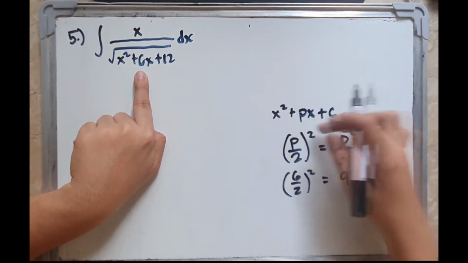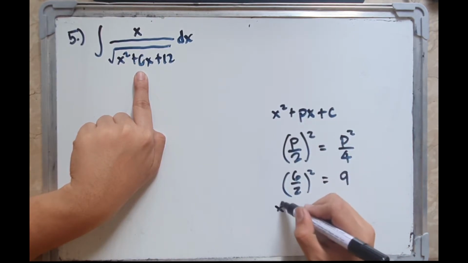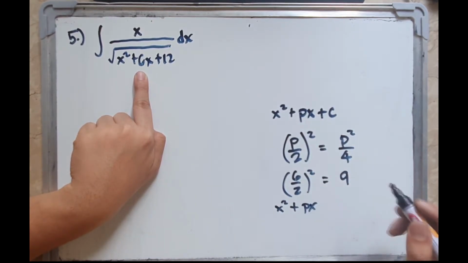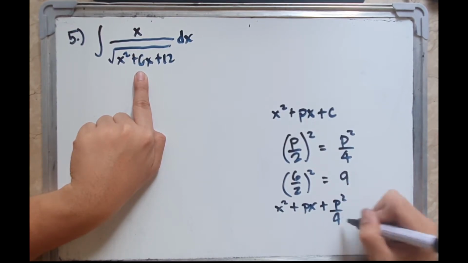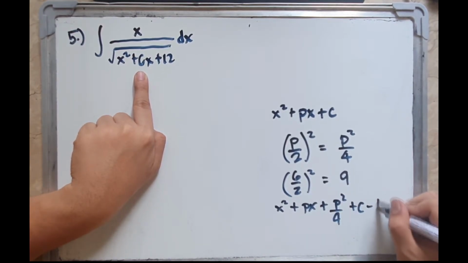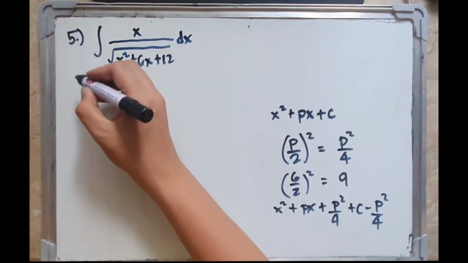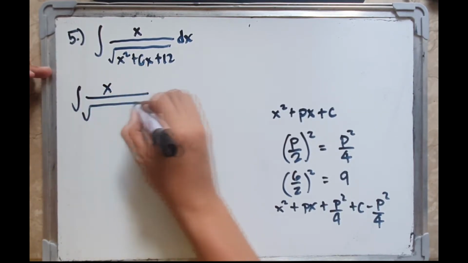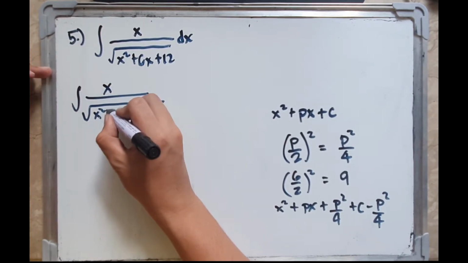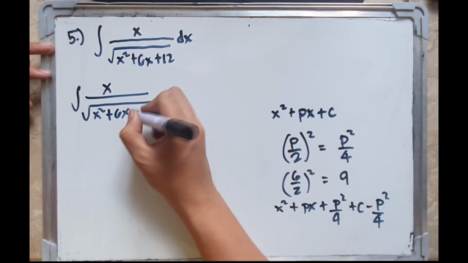In our original algebraic expression, x squared plus px, we're going to add the p squared over 4 plus c and subtract the p squared over 4. So in our case right here, we now have x over the square root of x squared plus 6x. What is our p squared over 4? We have 9.